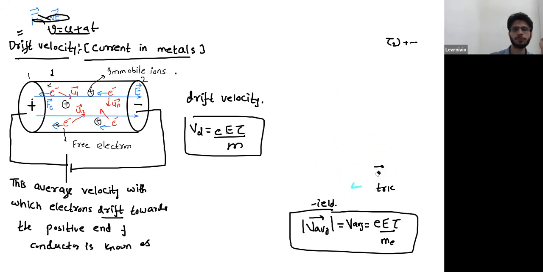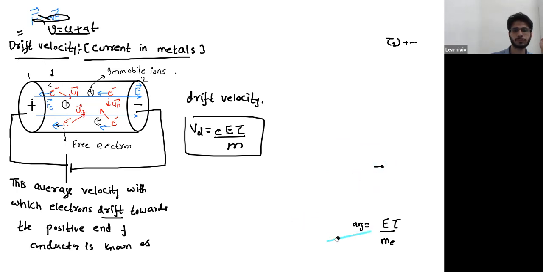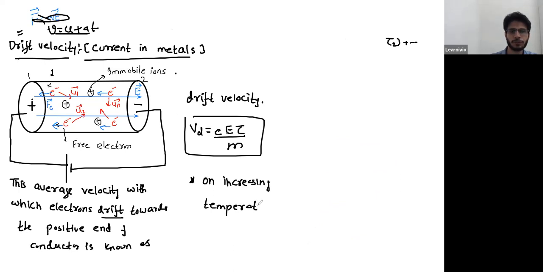Now, there are a few conceptual questions on the same concept. Just remember one result: as we increase temperature, relaxation time decreases.